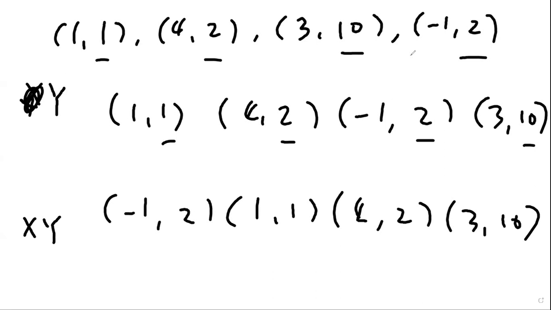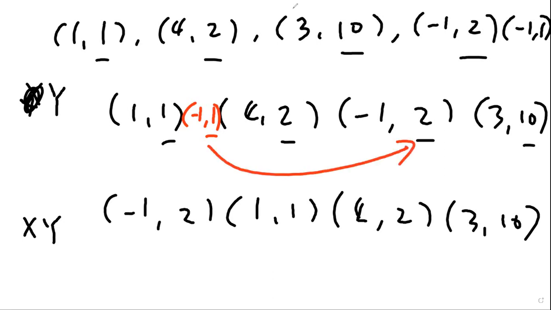In case we have another one, let's assume that we have -1 and 1. After sorting by Y, the -1 and 1 will be here, so it will be before this one.